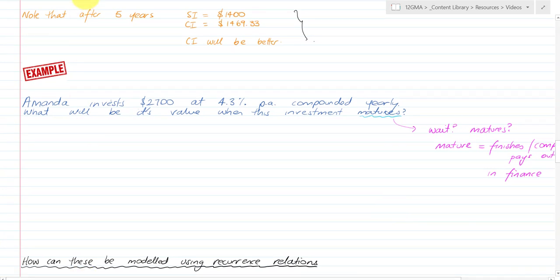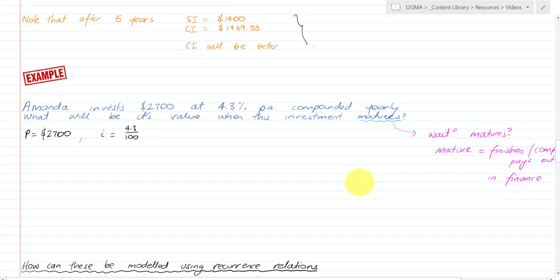So Amanda's investing, P equals 2,700. I equals 4.3 over 100, which is 0.043. And what will the investment be worth when the investment matures? So we haven't been given a year value, so we might actually incorporate one into the question.